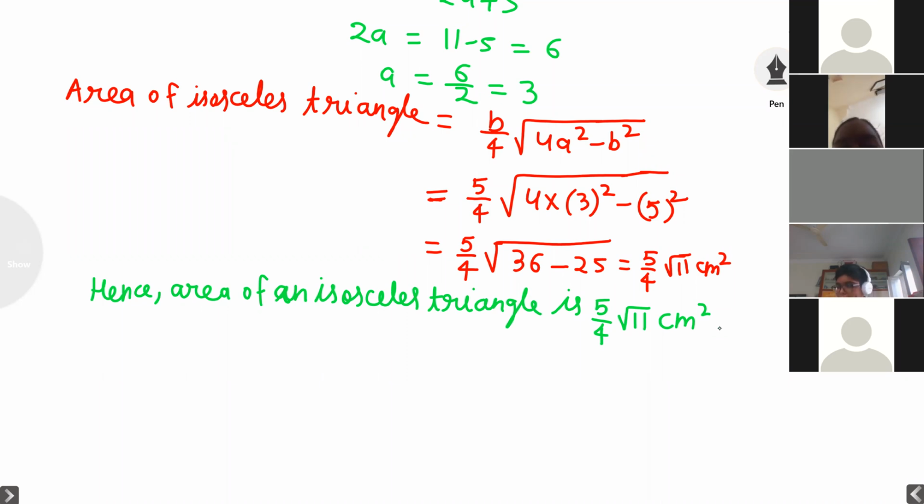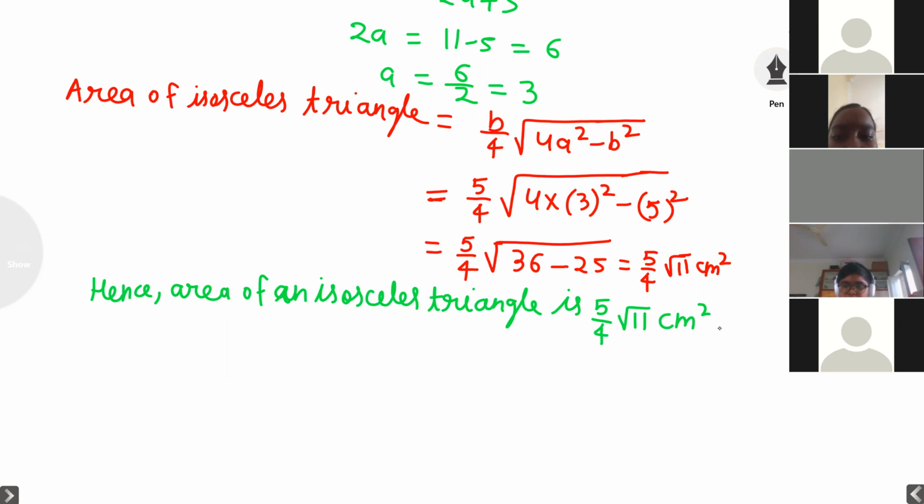Note down clearly, everyone. Area of isosceles triangle is equal to b by 4 square root of 4a square minus b square.